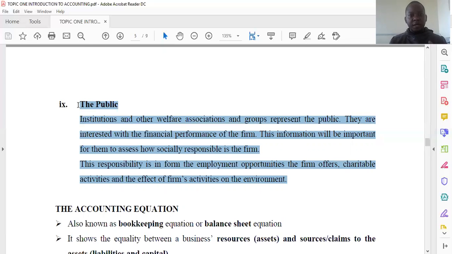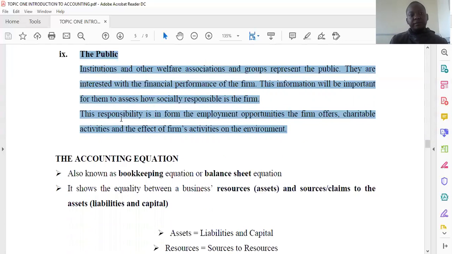So the public is also a stakeholder and in need of the financial information of the business. You've heard of businesses engaging in corporate social responsibility, and these businesses also need to report their activities in terms of corporate social responsibility to the society. So those are some of the users of financial statements.